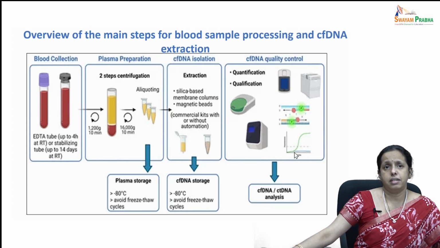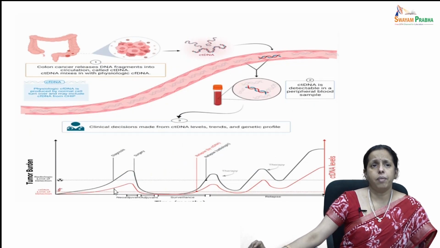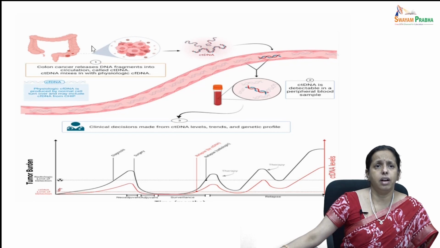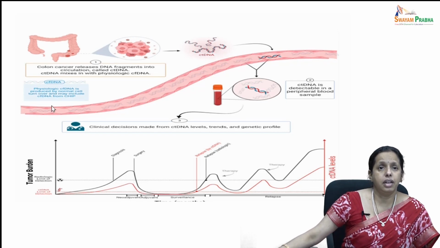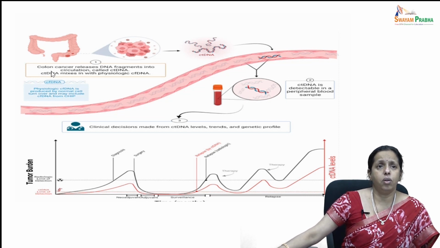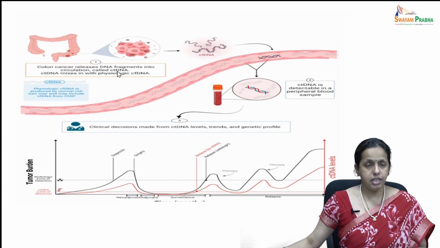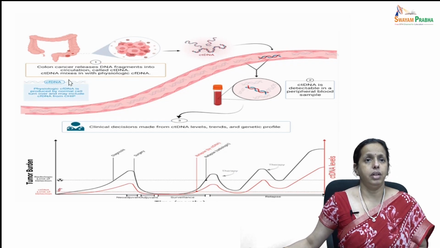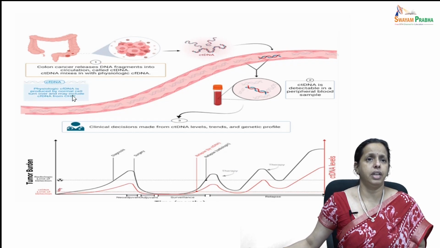Now this is how it is relevant in colorectal cancer, in clinical decision making. For example, colorectal cancer releases DNA fragments into the circulation called cell-free DNA, and this mixes with your physiological cell-free DNA.